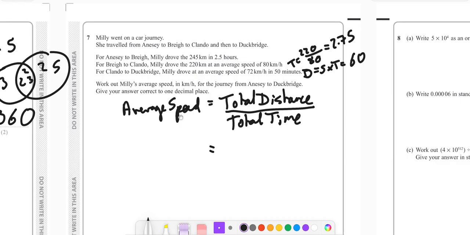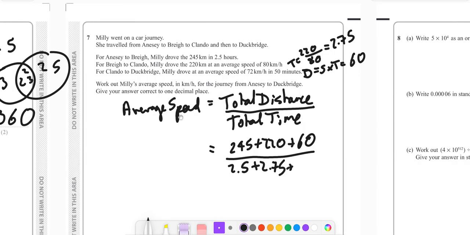So the total distance is 245 plus 220 plus 60, and the total time is 2.5 plus 2.75 plus 5 over 6, or 50 over 60.